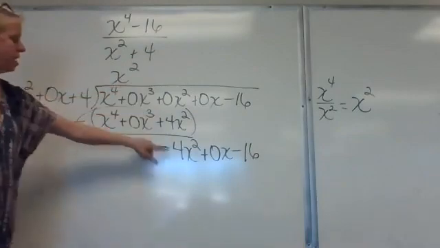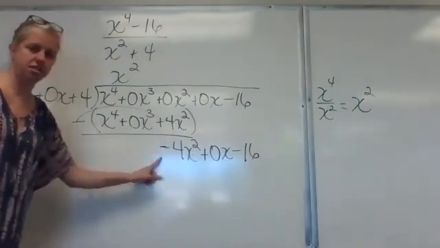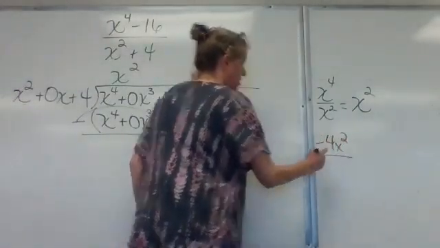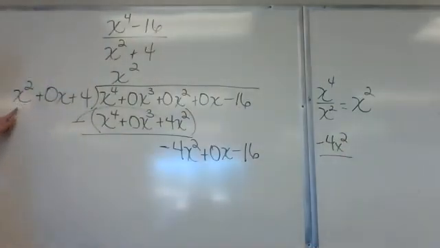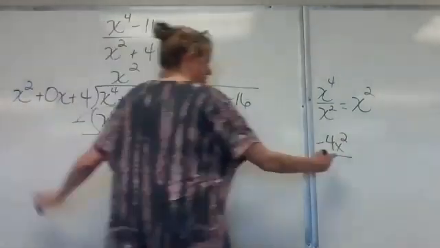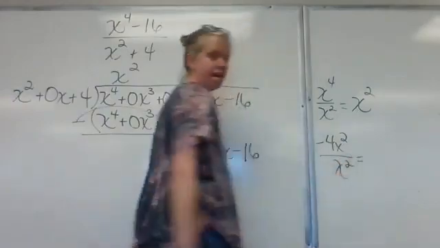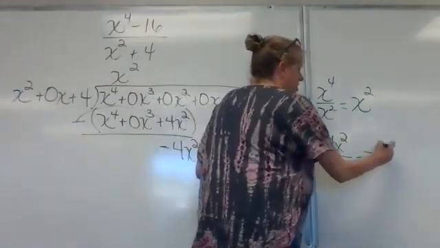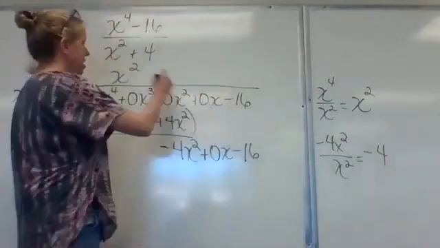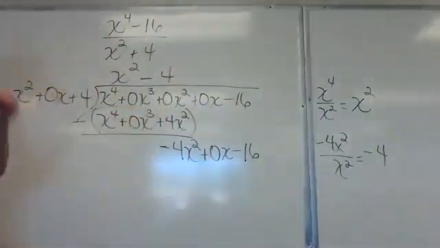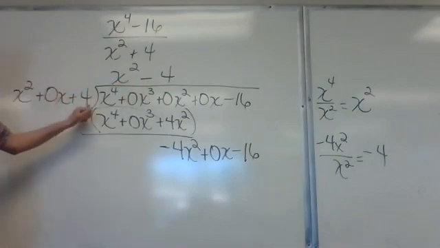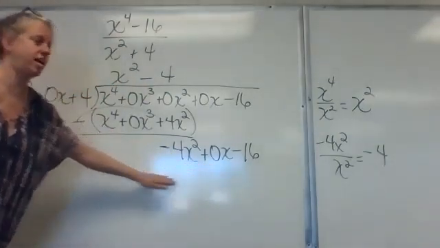To find out what comes up here, remember, whatever this is, so negative 4x squared, put it over this first term, which is x squared. And then simplify that. So your x squareds cancel. All I'm left with is the negative 4, and that's what comes here. Multiply this negative 4 times all 3 of these terms and put your answer down there.